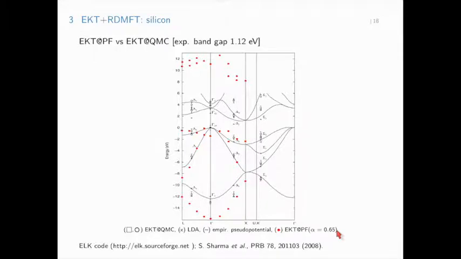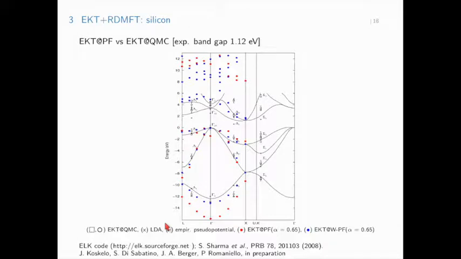So using a value of alpha equal to 0.65. This is the value that is suggested in literature for solids, for this kind of system. So we see, looking at the results, that we have a large overestimation of the band gap, which is about 7 times larger than the experimental one. And we also have a general overestimation of the valence bandwidth.